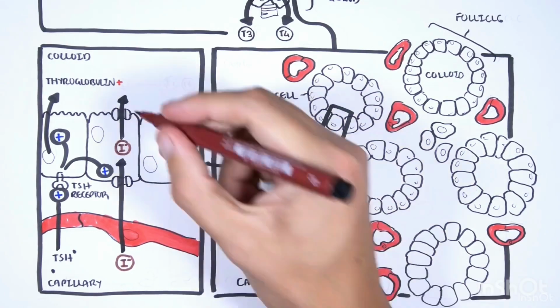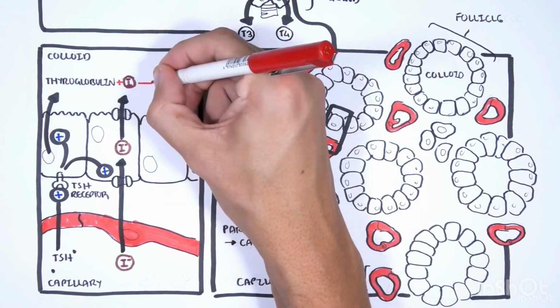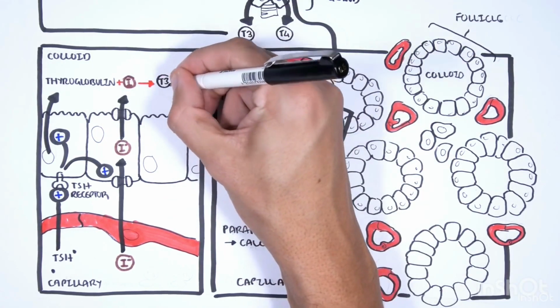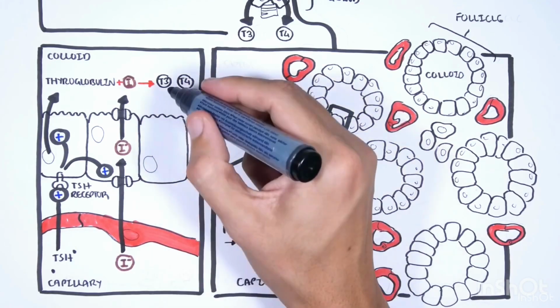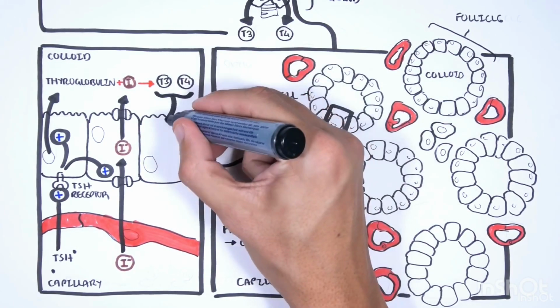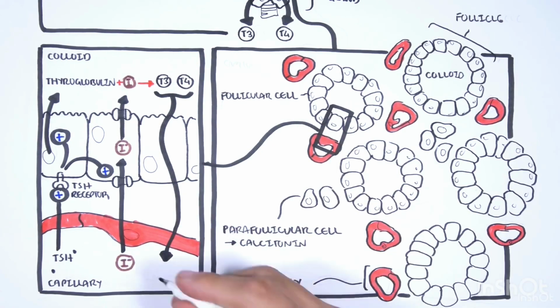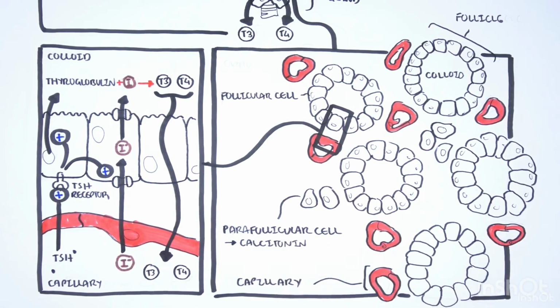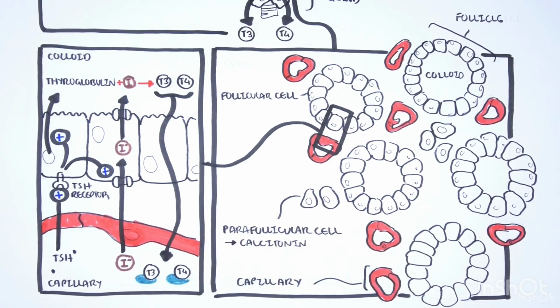Iodine and thyroglobulin is what makes our thyroid hormones T3 and T4. T3 and T4 will enter circulation. The thyroid hormones travel in circulation bound to proteins, the main proteins being thyroxine binding proteins, and here it will target the different cells in our body to elicit an effect to increase metabolism.